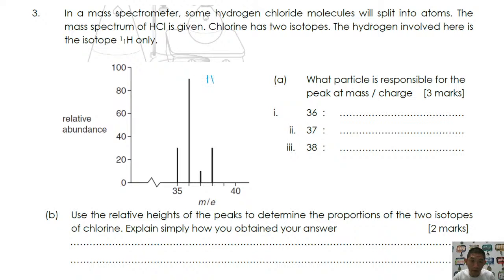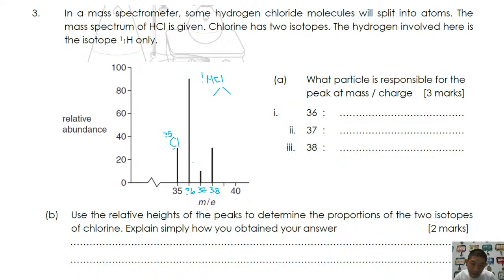Now the question already says you are containing HCl. HCl contains 2 isotopes, while hydrogen is only 1. So what makes these peaks inside here? You should know by yourself that this is 36, this is 37, and this is 38. If this is 35, that means this is definitely chlorine 35.